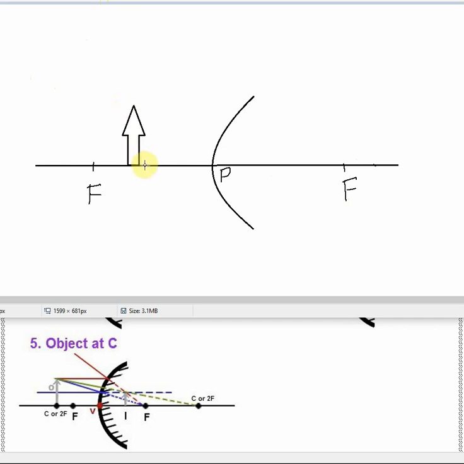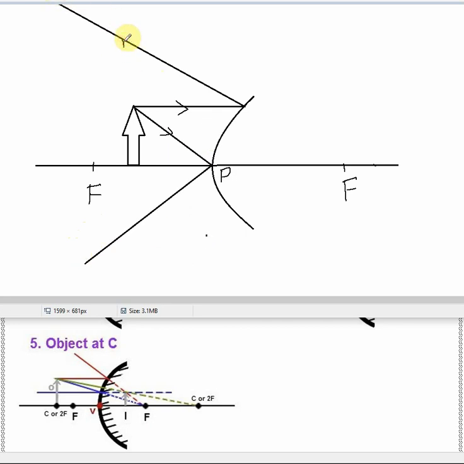Let's take a big object. So first light as always parallel to principal axis, second light at P. Okay. Now the arrows. Next is the reflected ray, it will reflect like this, this will reflect like this. Done.